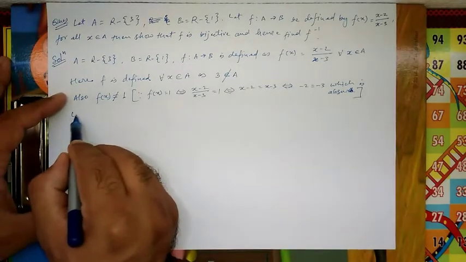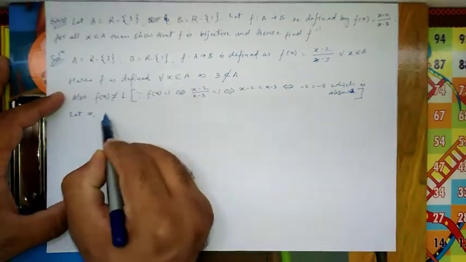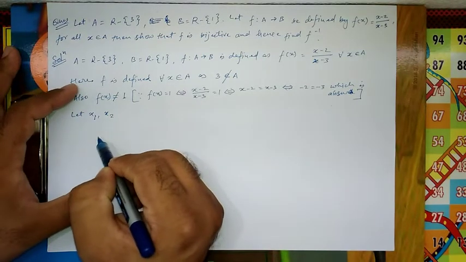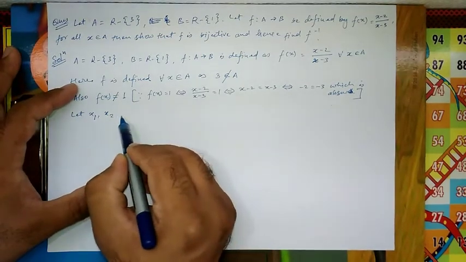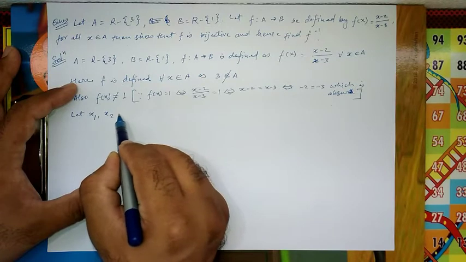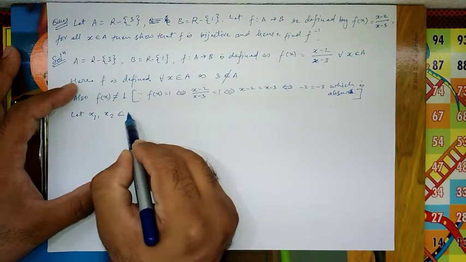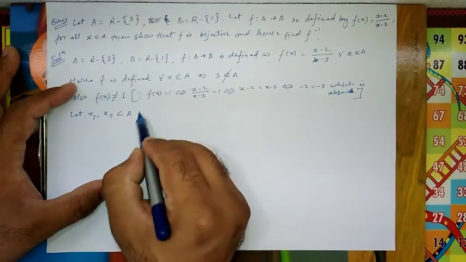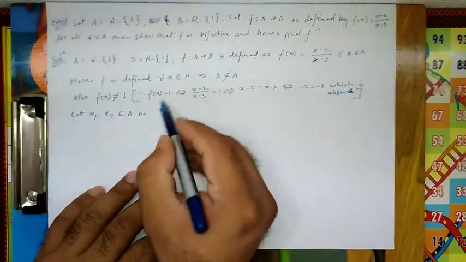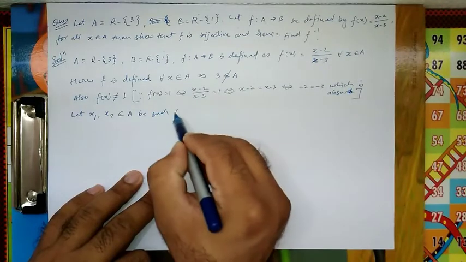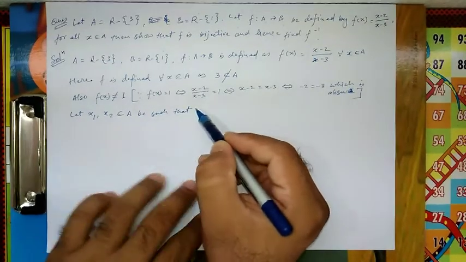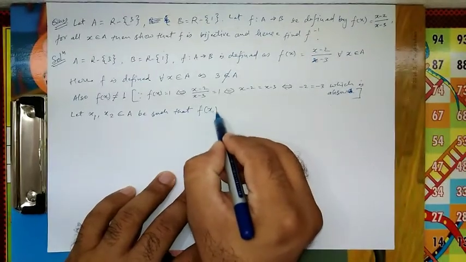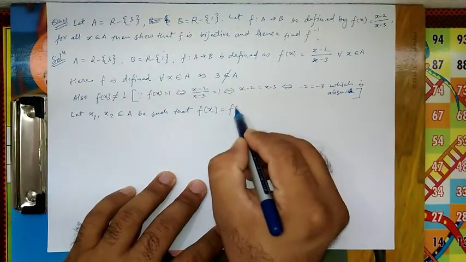So let x1 and x2 belong to A be such that f of x1 equals f of x2.